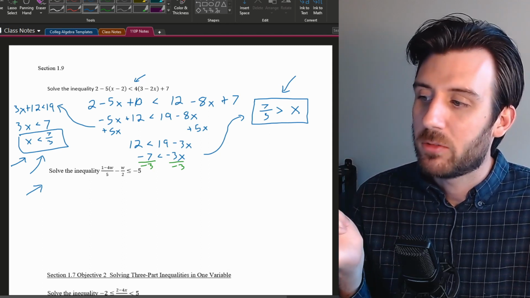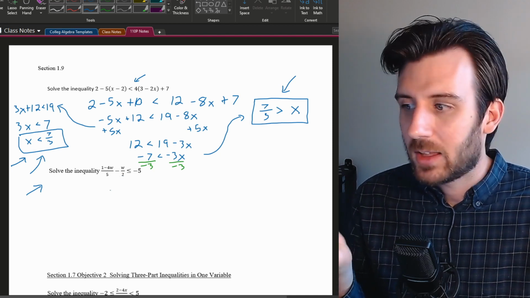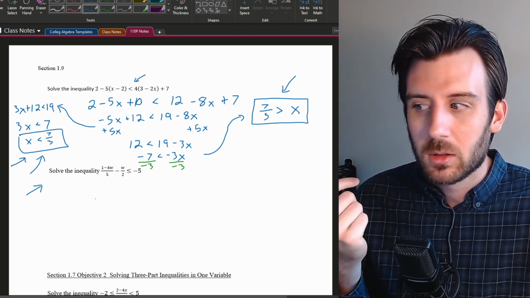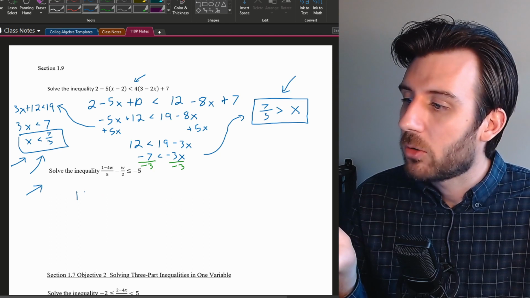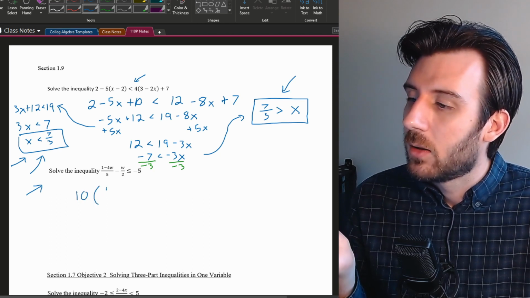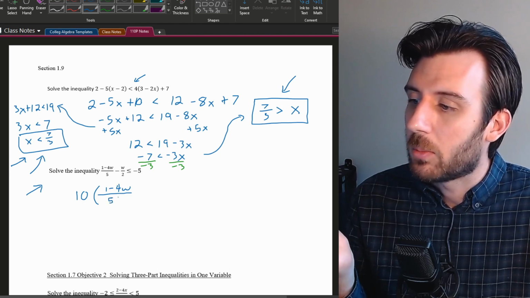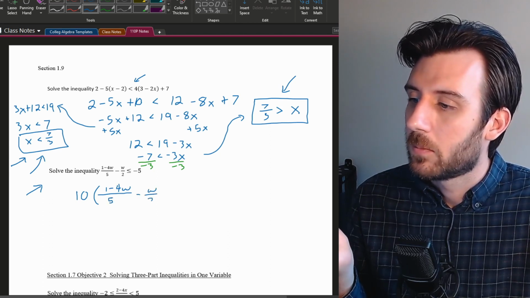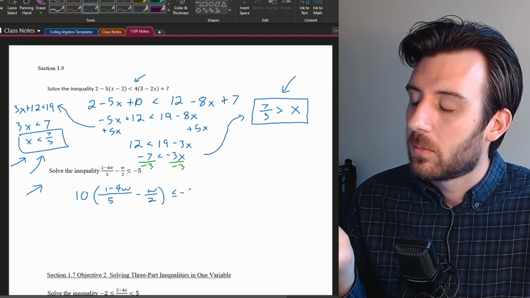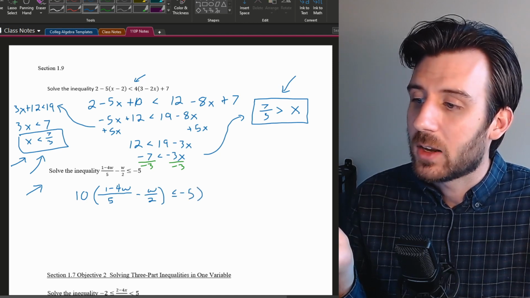The lowest common multiple of 5 and 2 would be a number that could cancel 5 and a number that could cancel 2. That'd be 10. So if I multiply both sides by 10, I should be able to cancel those denominators, which represent division. Need to do it on the right side as well.